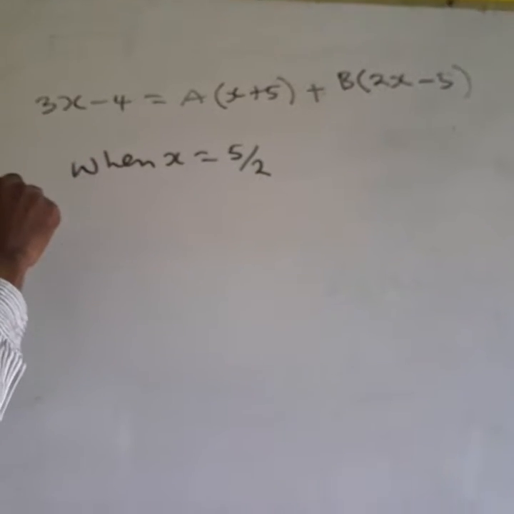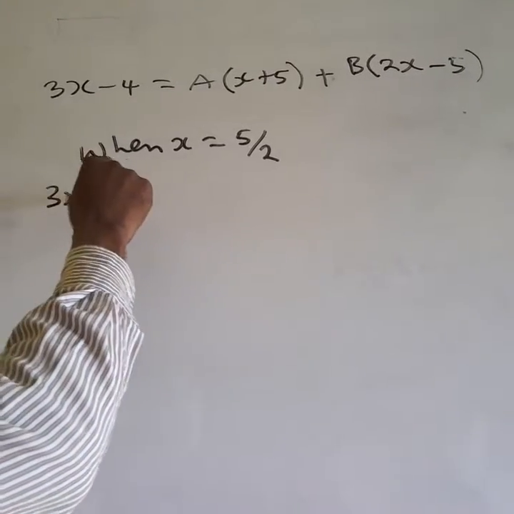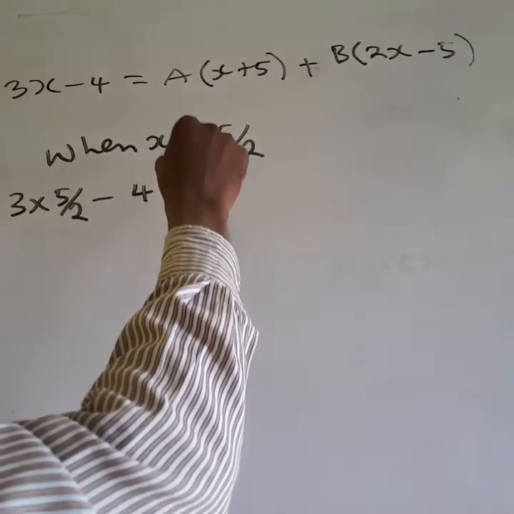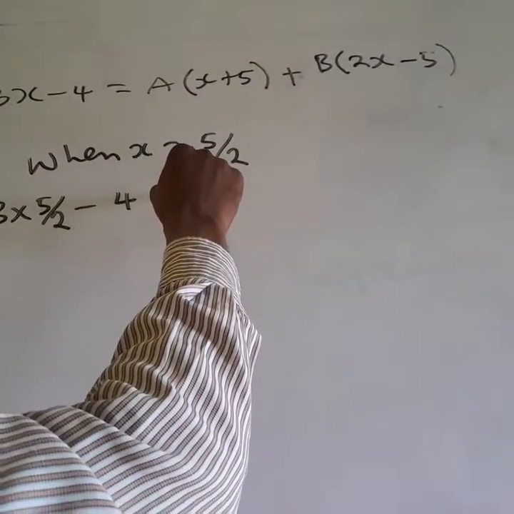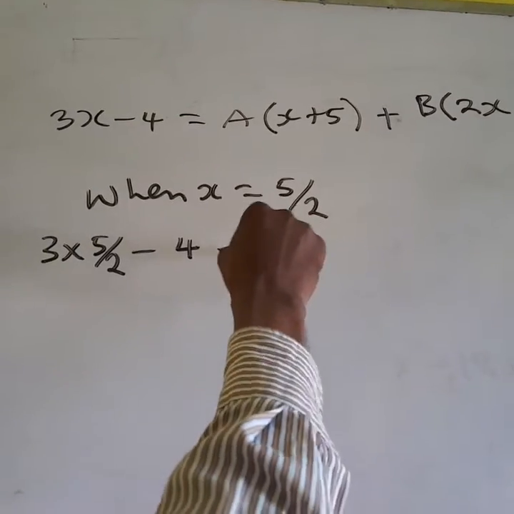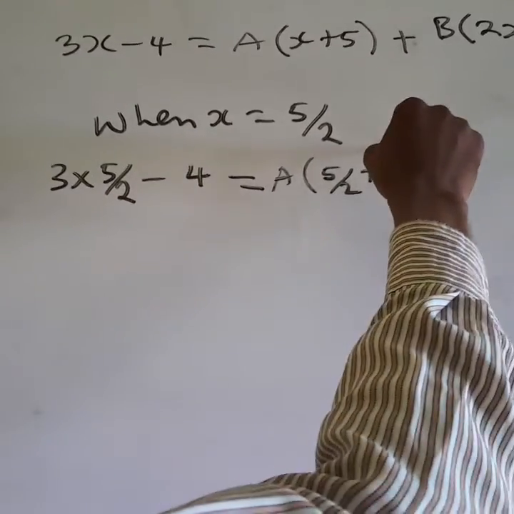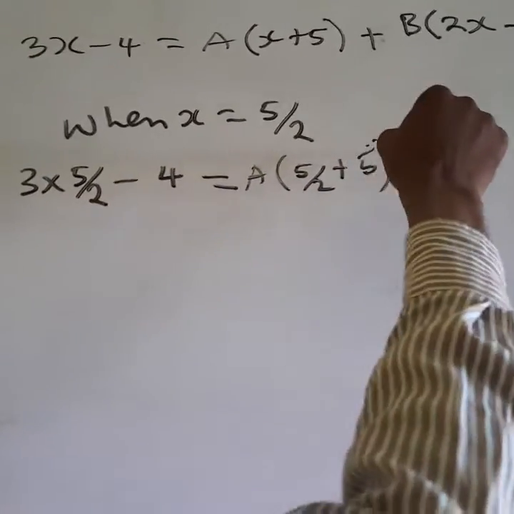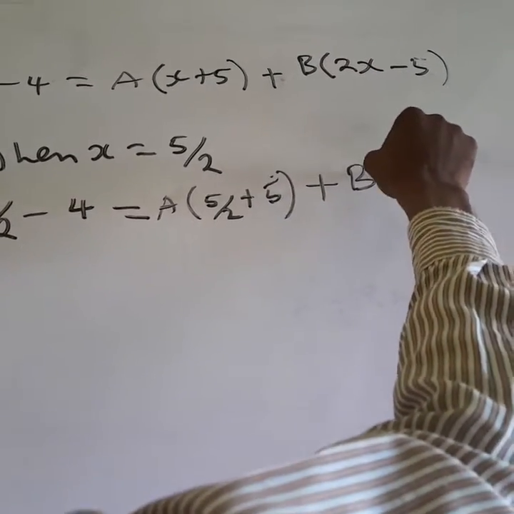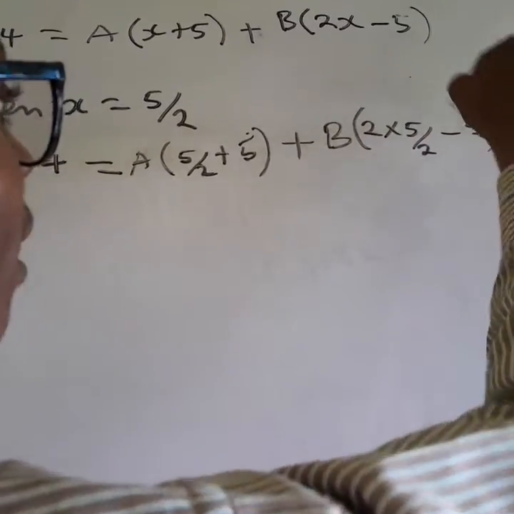So here we have 3 times 5 over 2 minus 4 equal to a into 5 over 2 plus 2 plus 5, plus b into 2 times 5 over 2 minus 5.